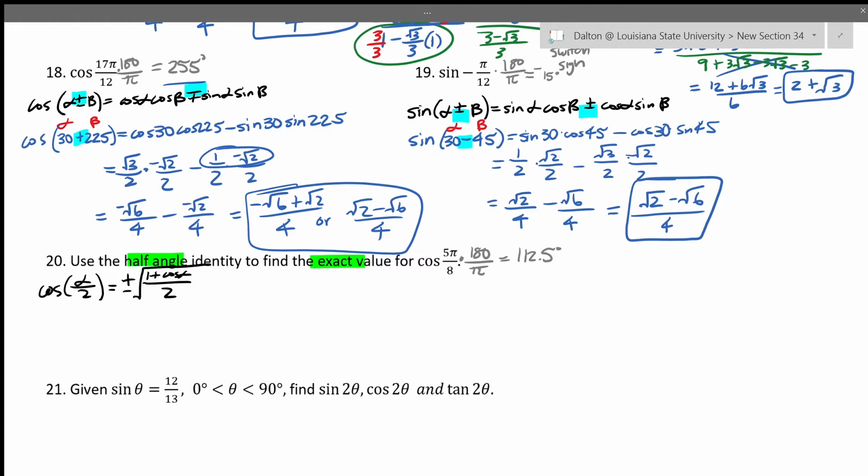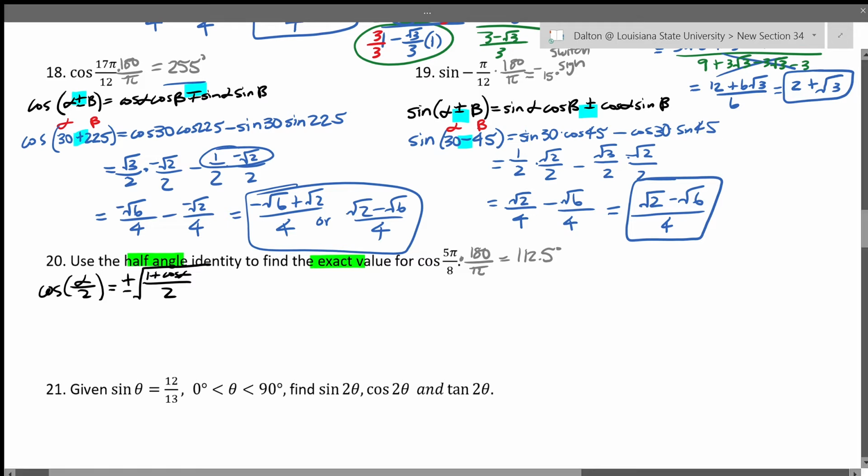Instead, I'm going to break it up to be the cosine of alpha over 2. So basically, instead of having the cosine of 112.5, I can rewrite that number as the cosine of 225 divided by 2, right? If I double 112.5, I get 225 divided by 2.